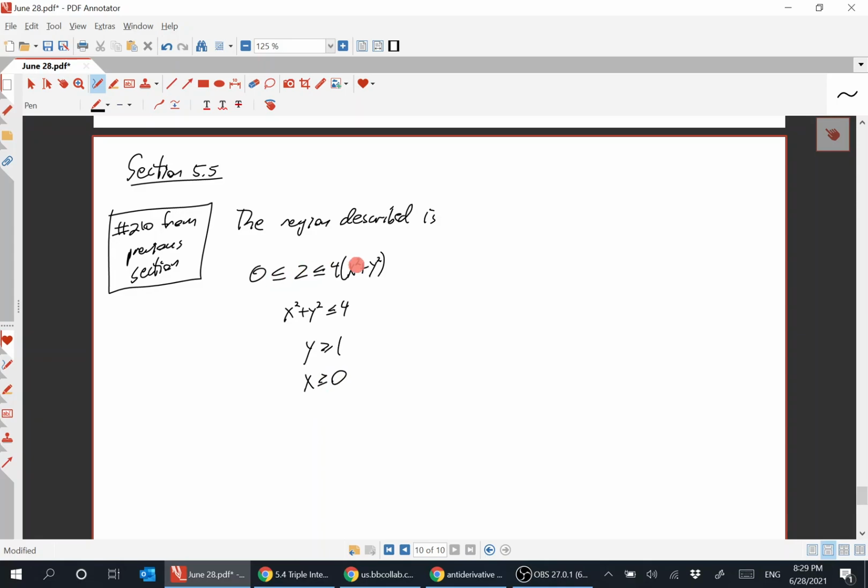Right, so the boundary for z is good enough, but let's talk about the boundary for x and y. So x squared plus y squared is less than or equal to 4. That's within the circle of radius 2. Why is it always so hard to draw a circle?